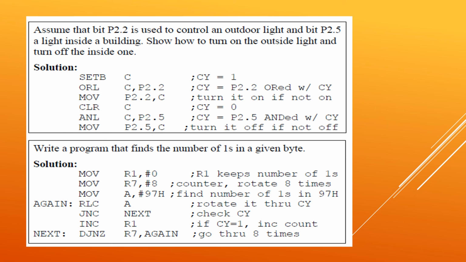As you have seen, R1 is 0, that is going to keep the number of ones. Then R7 is 8, the counter for how many times, that is 8 times. MOV A, #97, so whichever number from which you want to find out ones. Now we are using RLC, rotate left through carry, then the accumulator will contain the rotated value. It may be RLC or RRC, anything you can use.